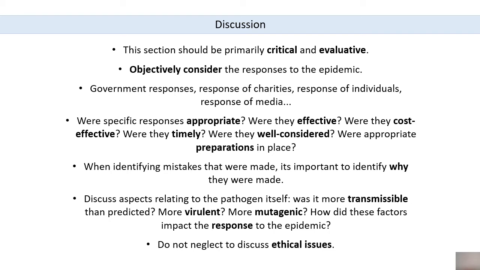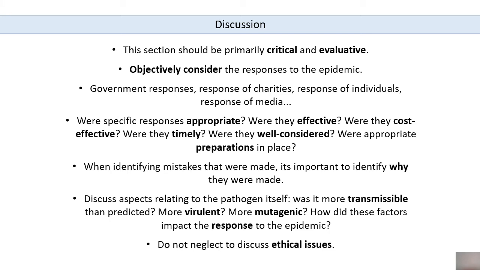You need to be comfortable presenting different sides of a story. So presenting some papers that maybe say an intervention was effective and some papers that say the intervention was less effective, and presenting that objectively. Okay, so again, that's the purpose of the discussion. That's what you're going to be doing there.